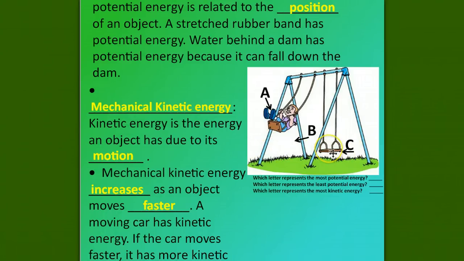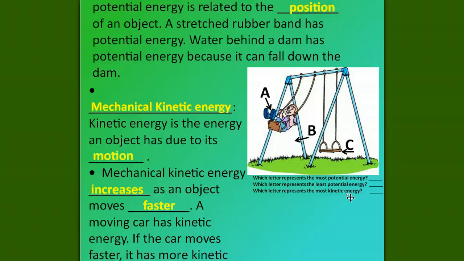Is it when the swing's just sitting still, or when he's way up here high, about to go down, or when he was swinging out in the first place? Try to write that down. Which letter represents the least potential energy? Which letter represents the most kinetic energy?